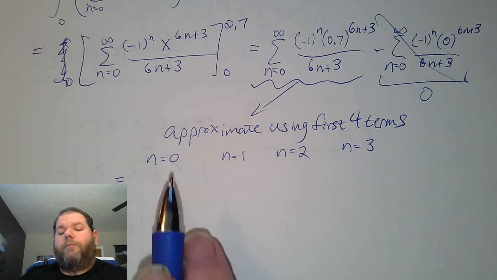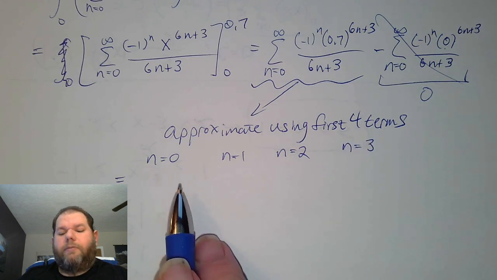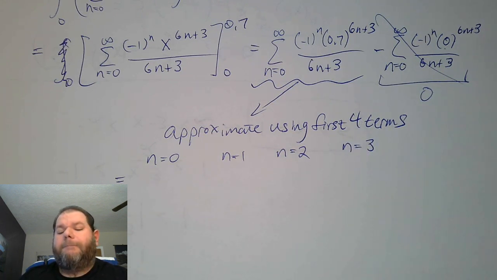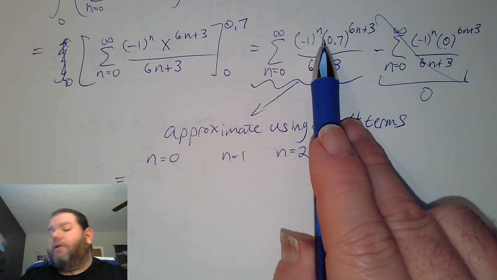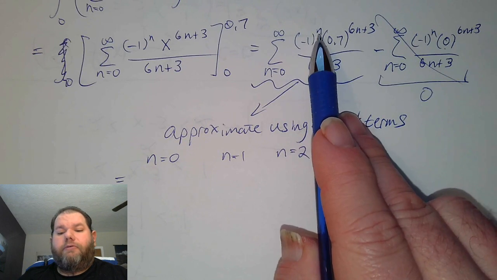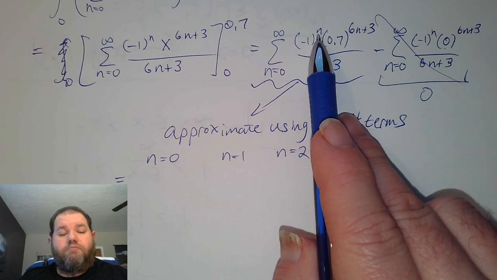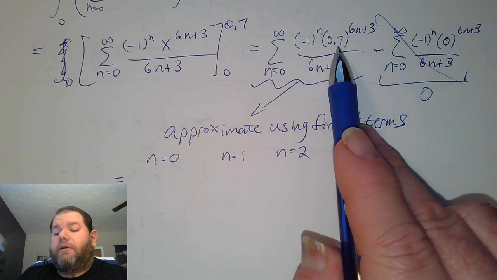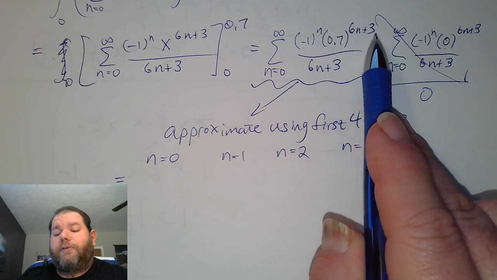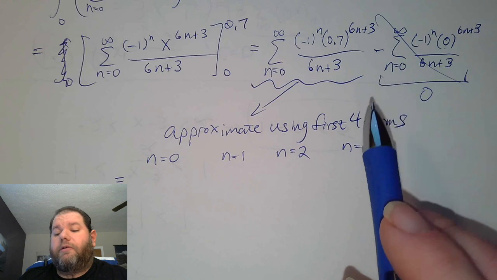When it says 4 terms, n equals 0 counts as the first term, so 1, 2, 3, 4. So we plug in 0 for n, first of all. Negative 1 to the 0 is 1, positive. 0.7 to the 6 times 0 plus 3, so it's the third power.